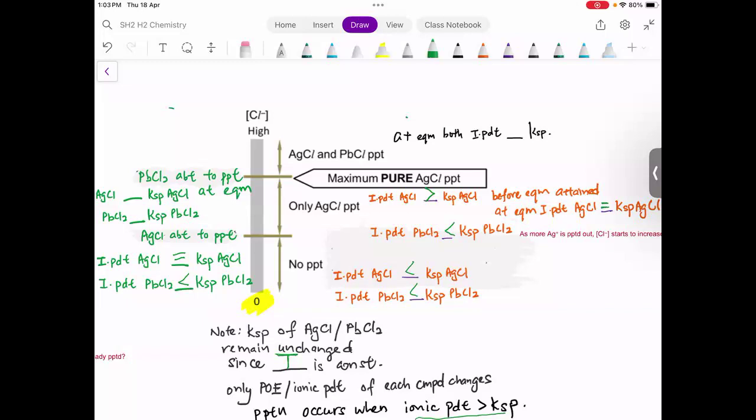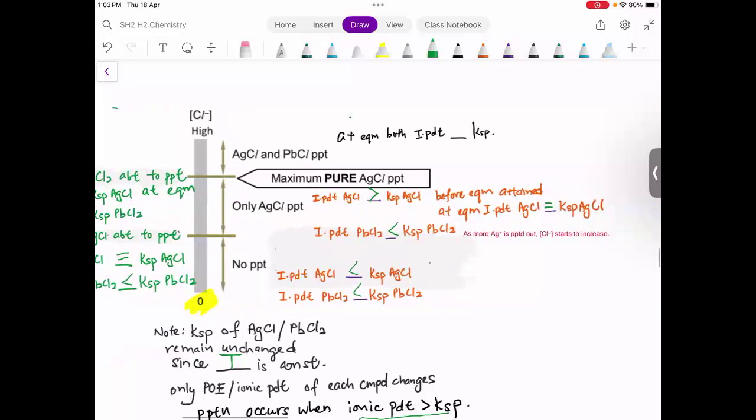Now I'm going to paint a scenario. I need you to recognize that as silver chloride is being precipitated, what will happen to the Ag+ remaining in the solution? As silver chloride is progressively being precipitated, what will happen to the Ag+ aqueous? It will decrease. So when the Ag+ aqueous decreases, it allows the chloride aqueous to increase in concentration.